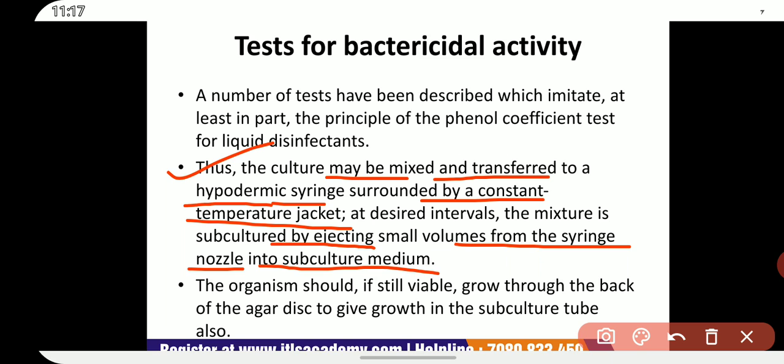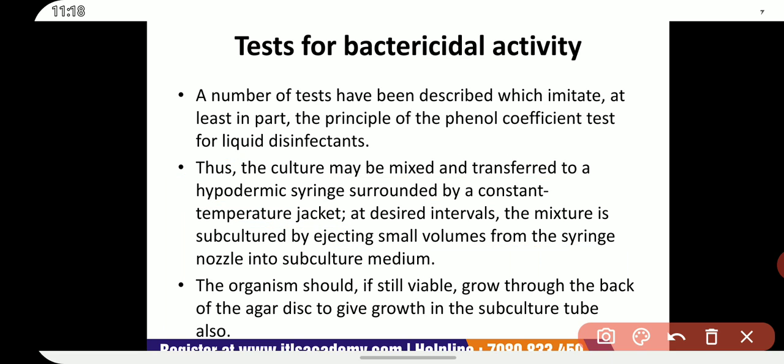The surface of a nutrient agar plate was inoculated evenly with the test organism and incubated to produce an even surface of growth. The organism should, if still viable, grow through the back of the agar disc to give growth in the subculture tube also.